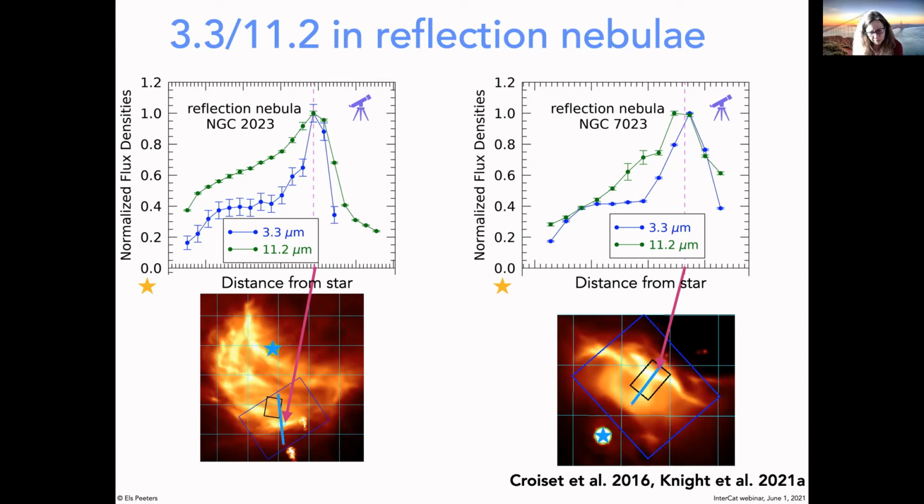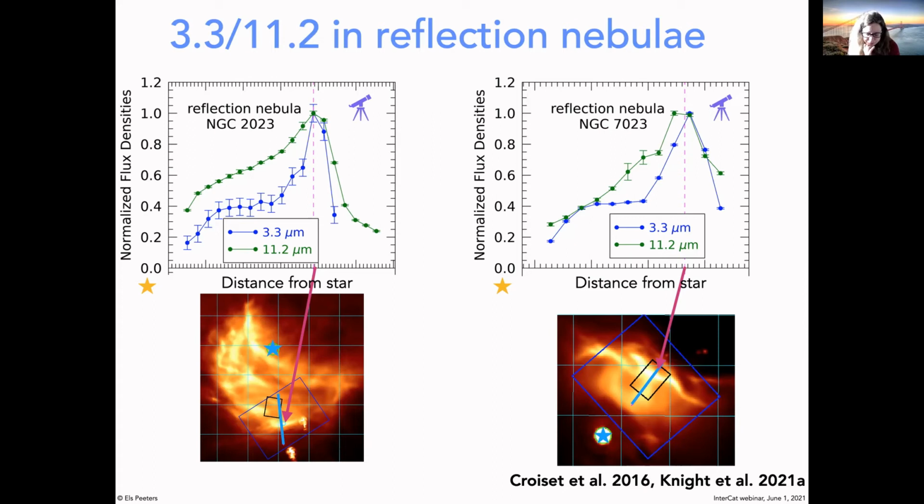And you see this light blue line in both images on the bottom that tells you the cut that is shown in the x-axis on the two top panels. And so from left to right on these figures, we go from close to the illuminating star to further away. And you can see that both the 3.3 and 11.2 change with distance from the star, and they both peak at what we call the PDR front.